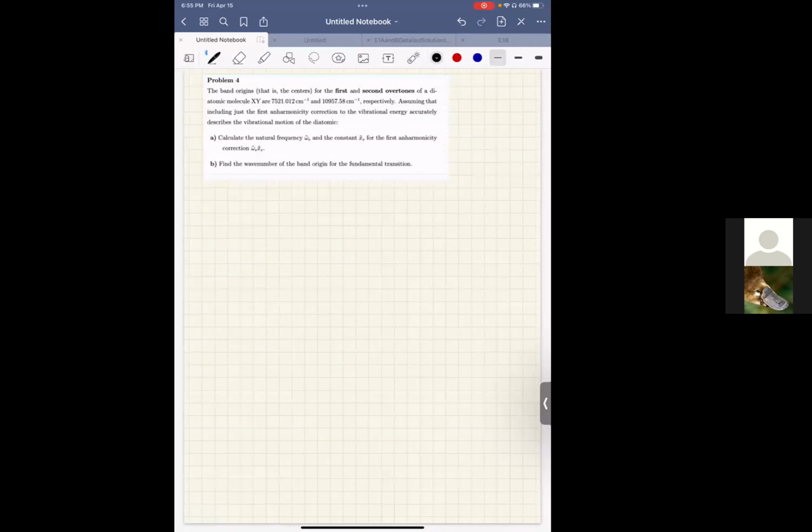Now for problem 3, we're going to have to solve for the first order and second order of XY. Basically, they want us to solve for these constants using the following information. The band origins of the first and second overtones of the diatomic molecule XY are this, and the second overtone is this.